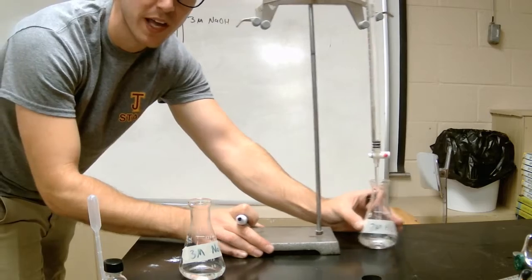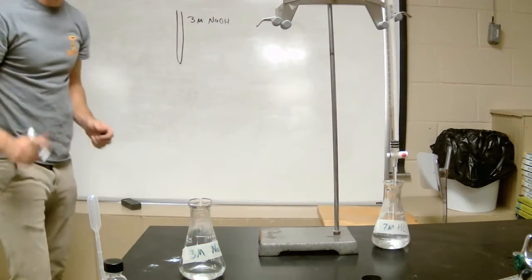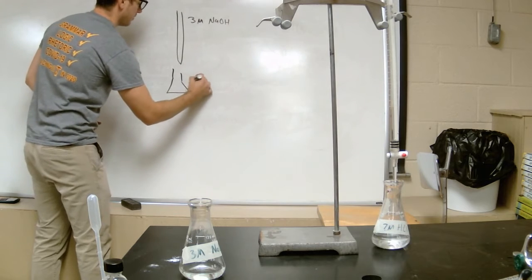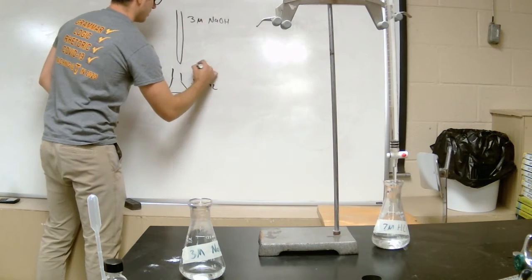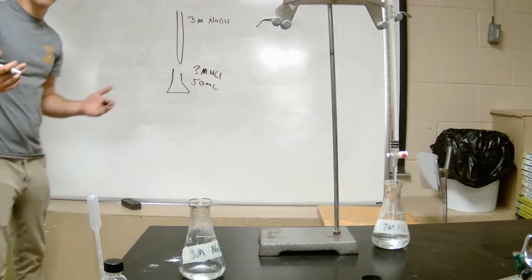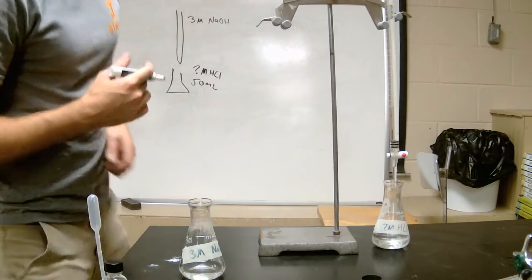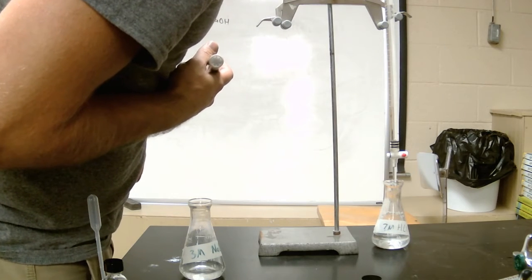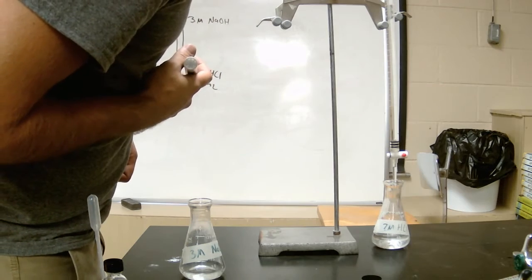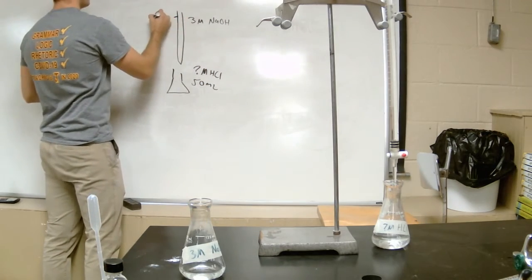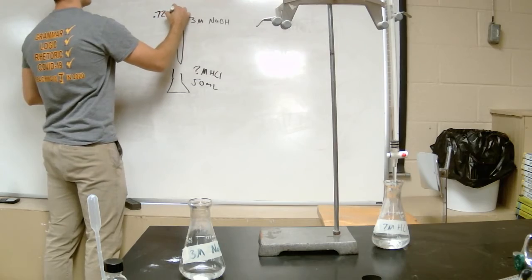And then what we have in the flask here at the bottom is 50 milliliters of some unknown concentration of HCl. And that's what we're trying to figure out. When we initially read this thing, it read something like, we'll go with 0.72. So our initial reading was 0.72 milliliters.